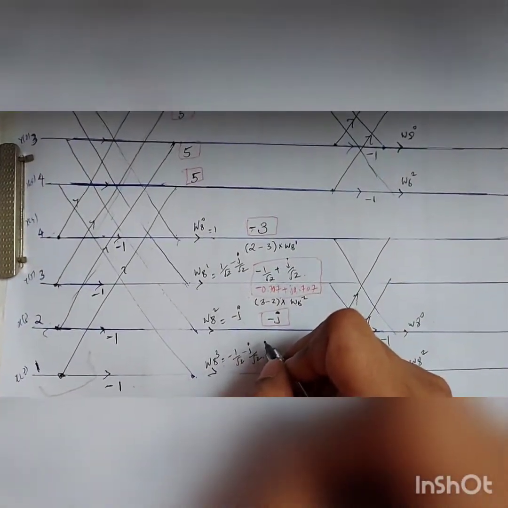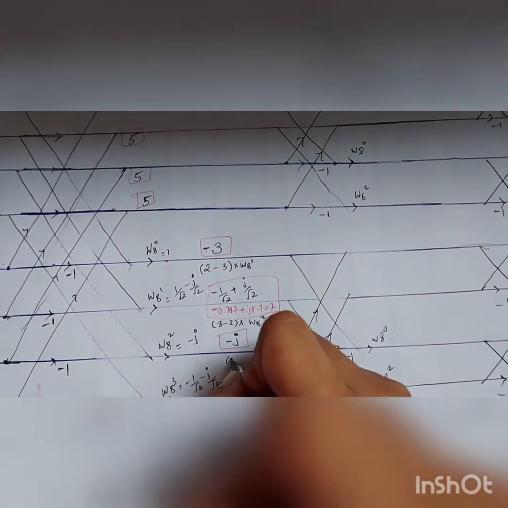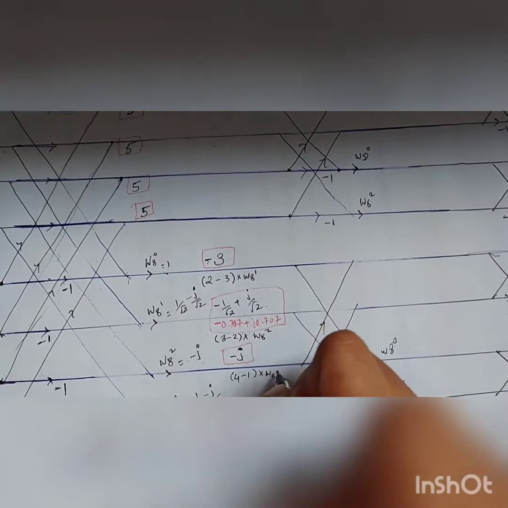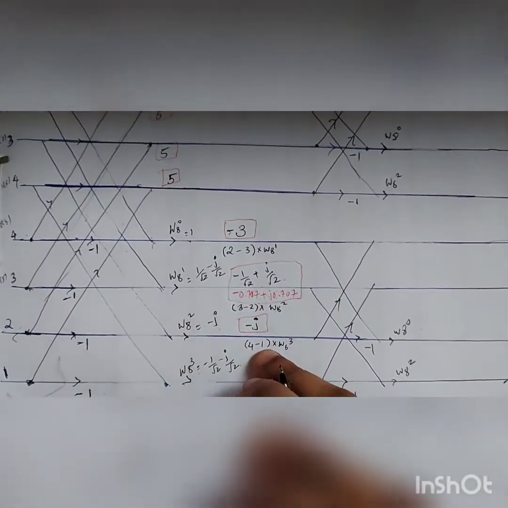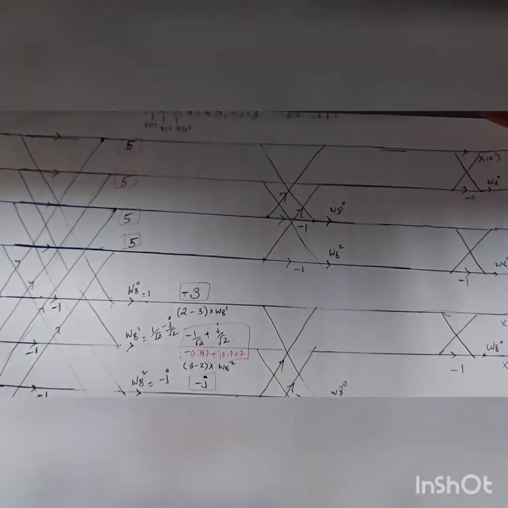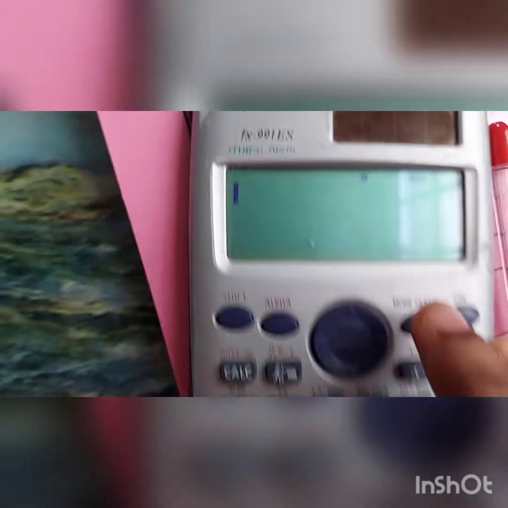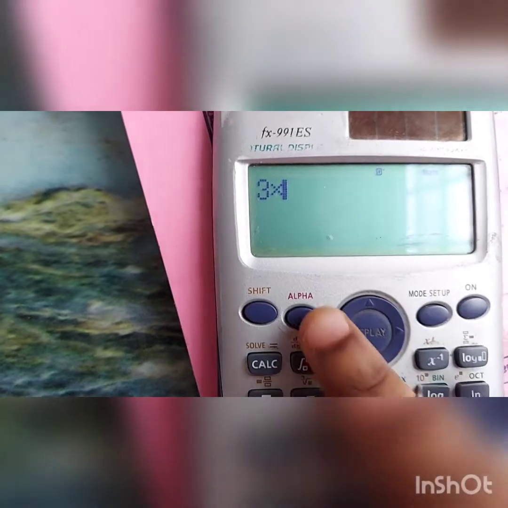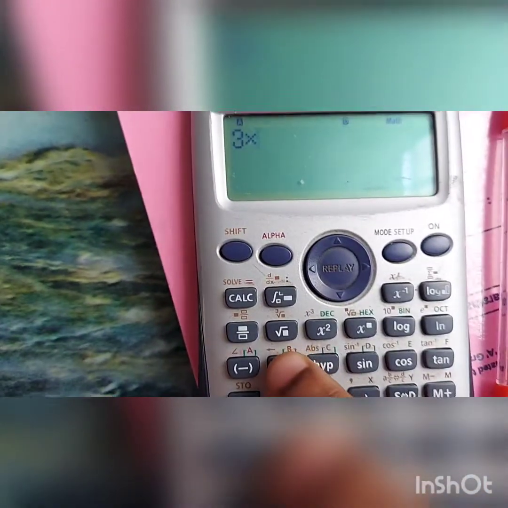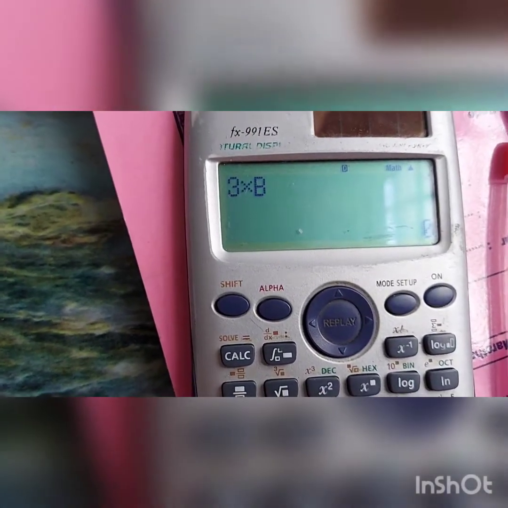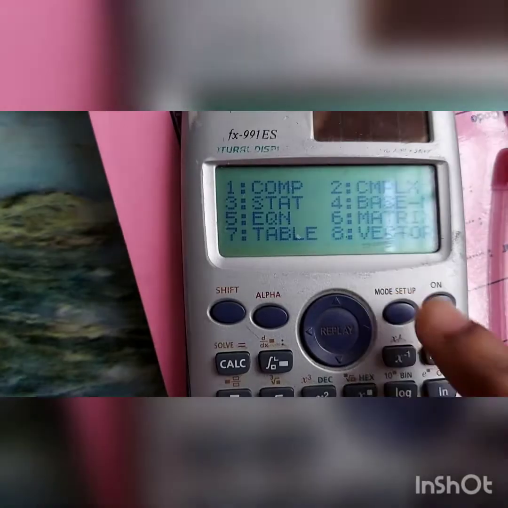Let me write it here first: 4 minus 1 into W8 power 3. 4 minus 1 is 3, so this is nothing but 3 into W8 power 3. Let us do this in the calculator. W8 power 3 is stored in B, so you press alpha and B, 3 into B.